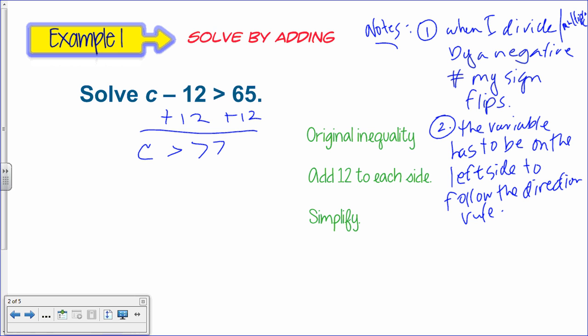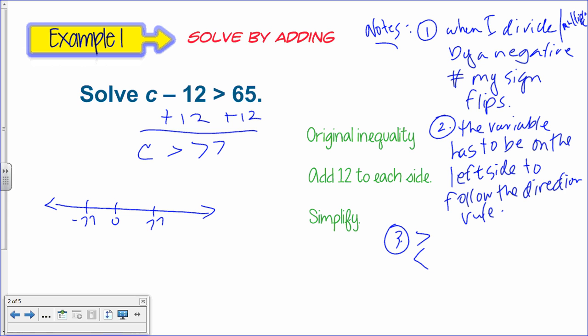You guys remember the direction rule? Whatever direction the inequality is pointing, because at some point you're going to have to graph this. So, short version, that has 0 in the middle, negative 77 on the left, 77 on the right. Okay? Just for reference.